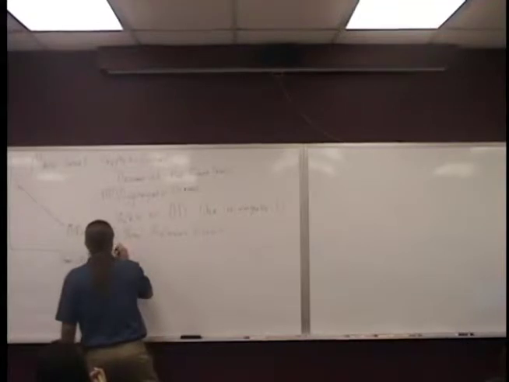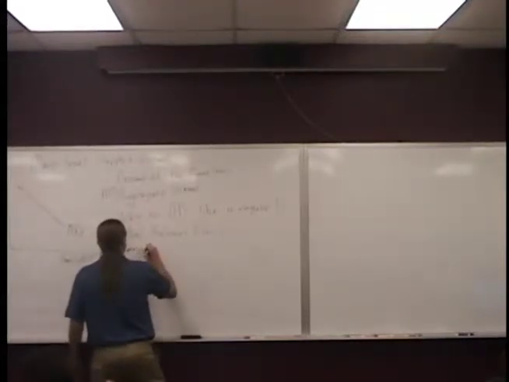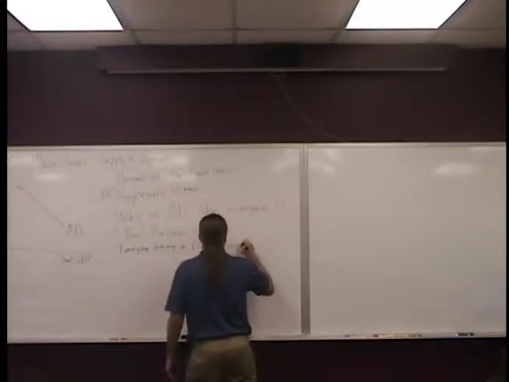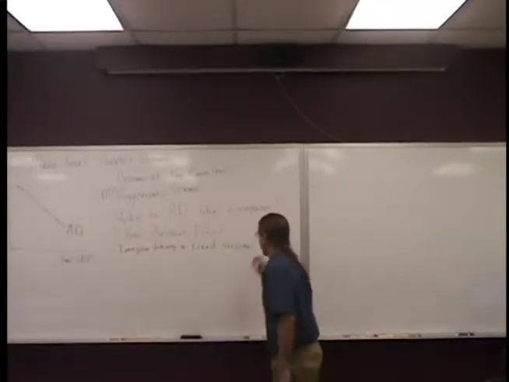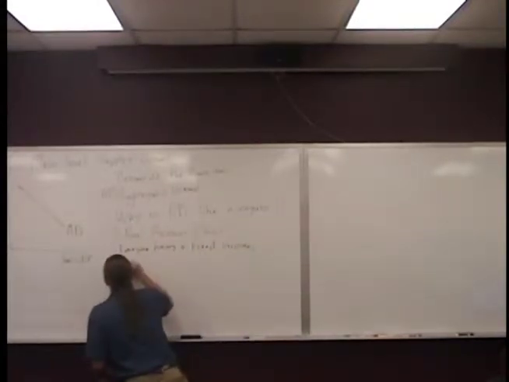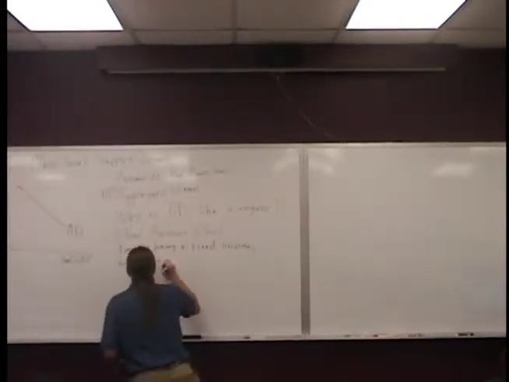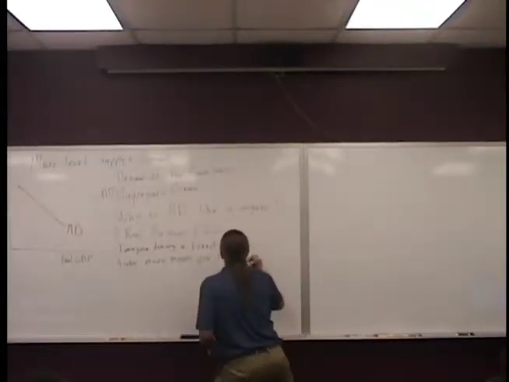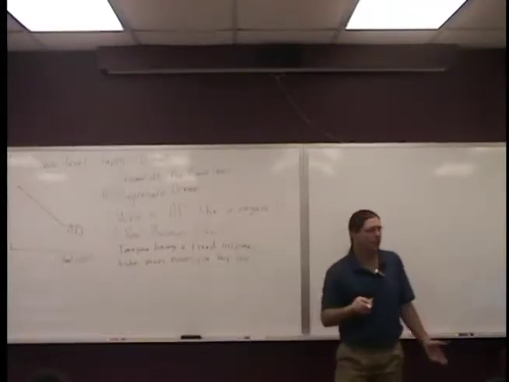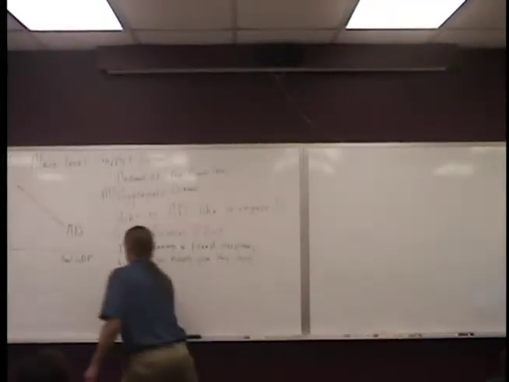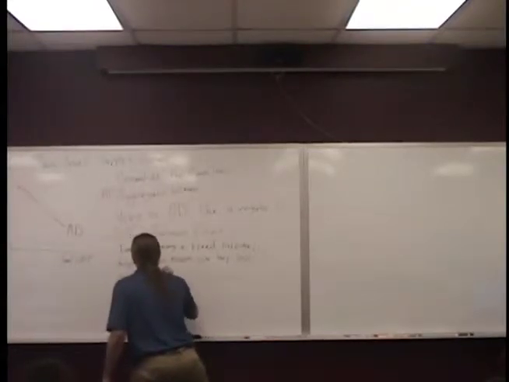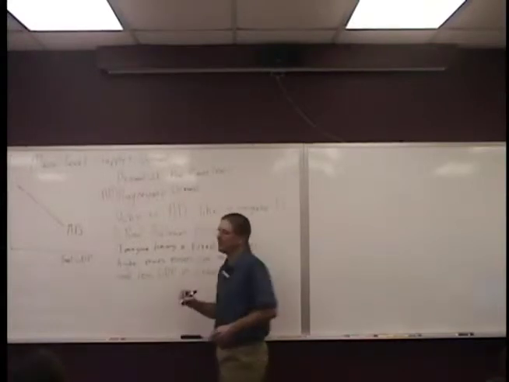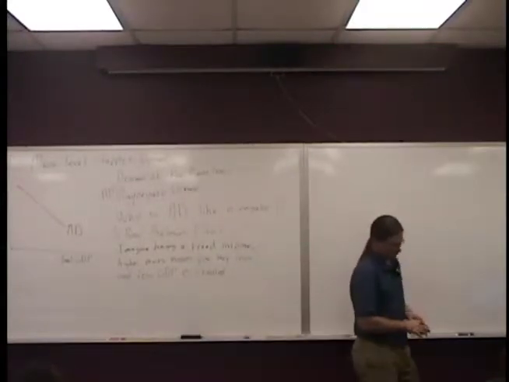So the key here is, imagine having a fixed income. Higher prices means you buy less, and so less GDP is created, simply because you just can't buy this stuff.